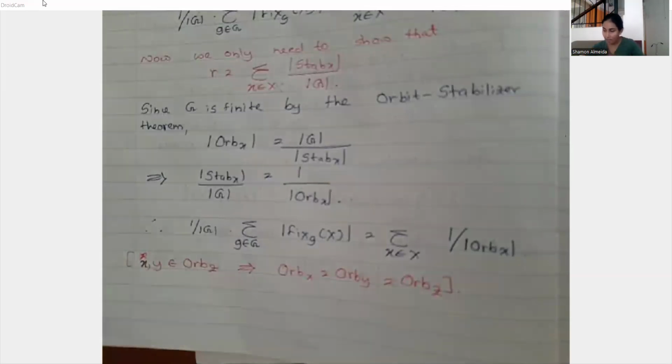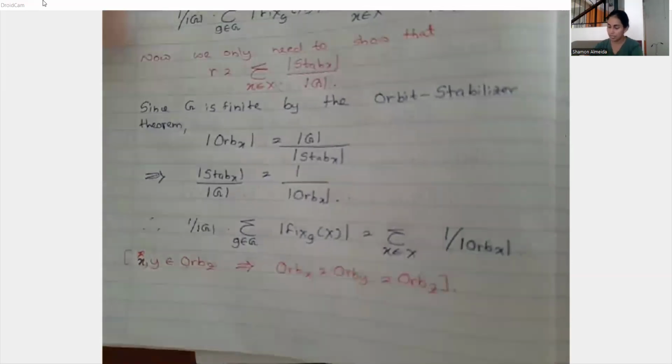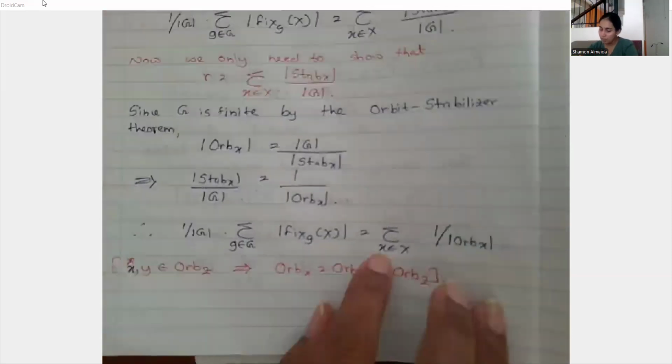So what do we have in this summation? In that case, for every element that you go, let me write it. Once I write it in equation form, it's easy to see.